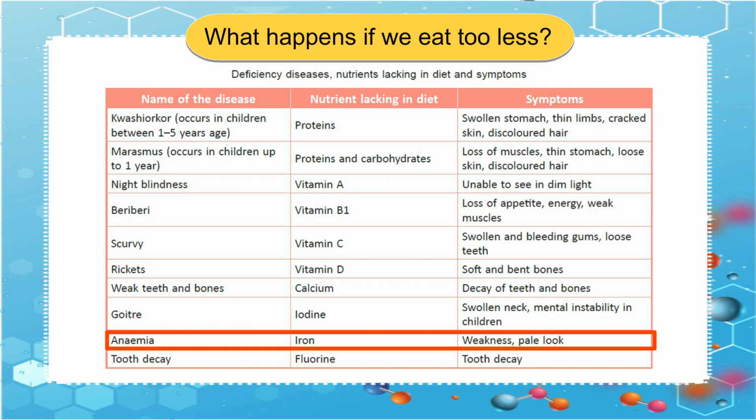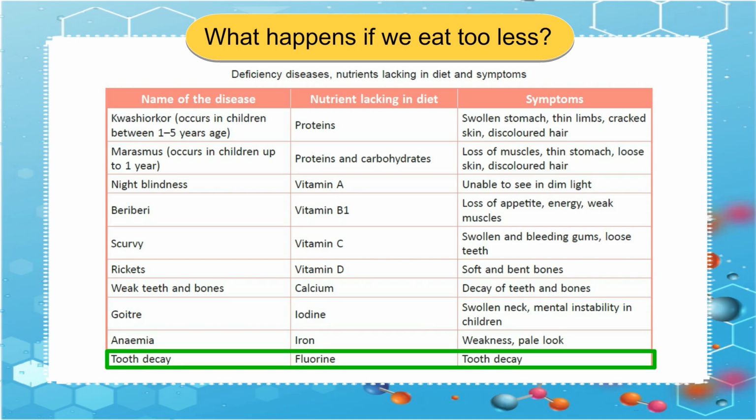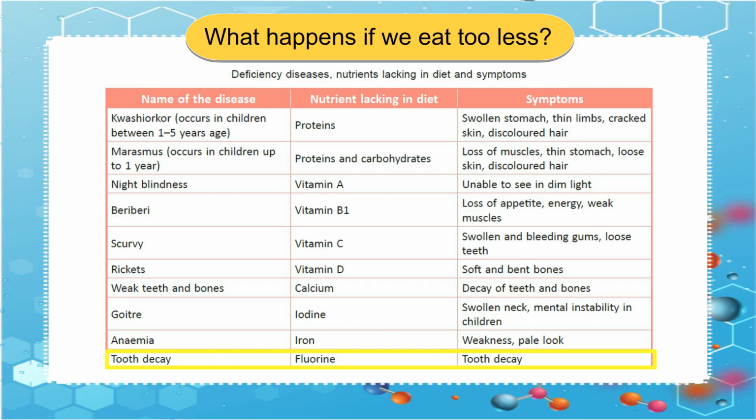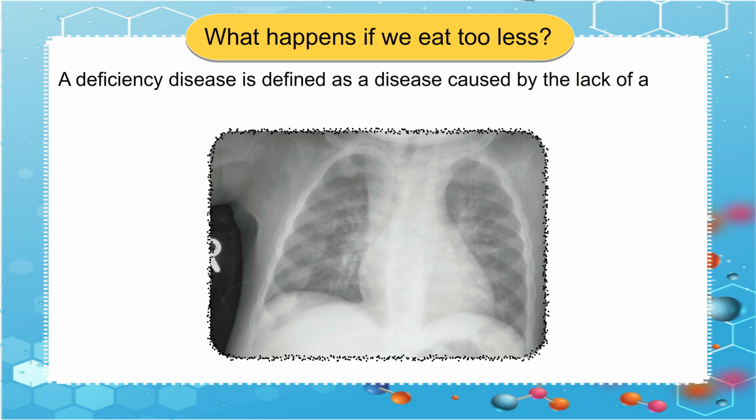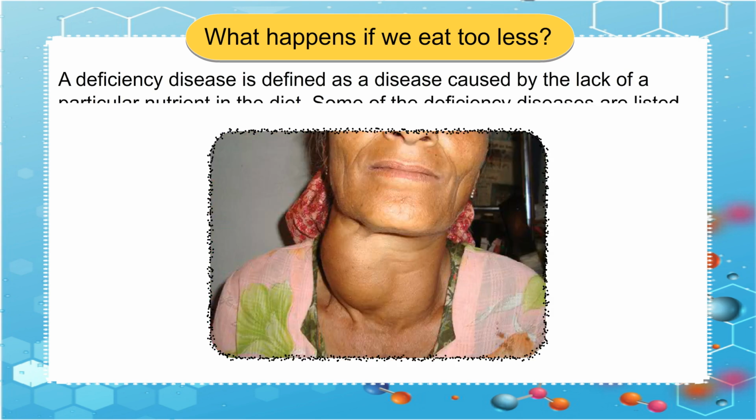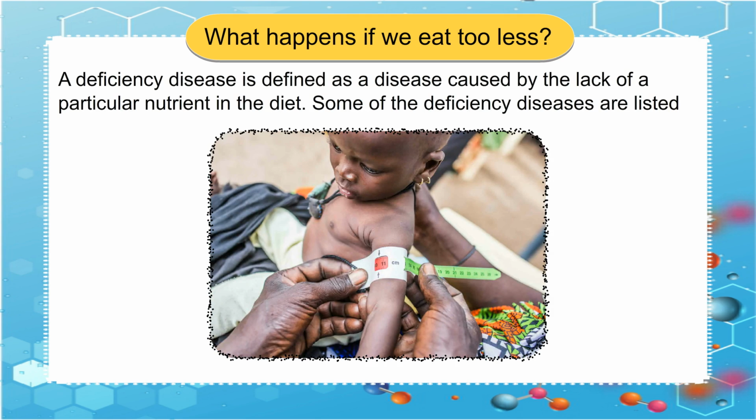Anemia, iron, weakness, pale look. Tooth decay, fluorine, tooth decay. A deficiency disease is defined as a disease caused by the lack of a particular nutrient in the diet. Some of the deficiency diseases are listed in the above table.